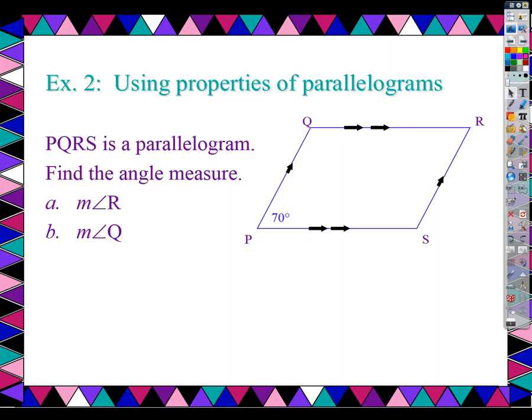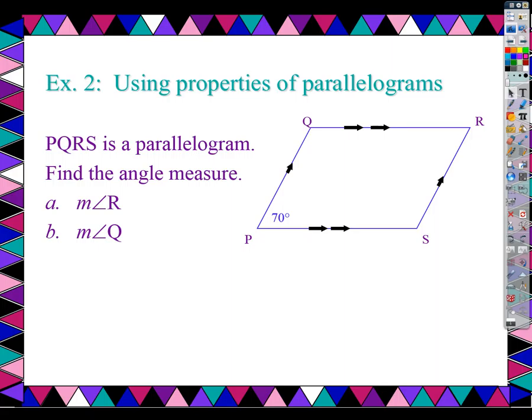Why did you get your answer? So we're looking for the measure of angle R. It's 70, isn't it? It is? Yeah. Okay, how come?